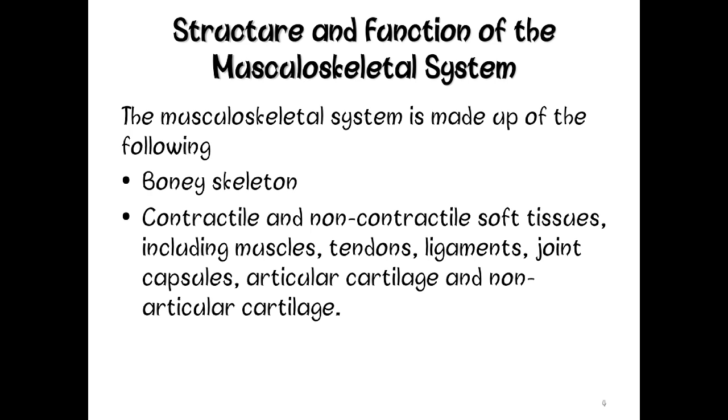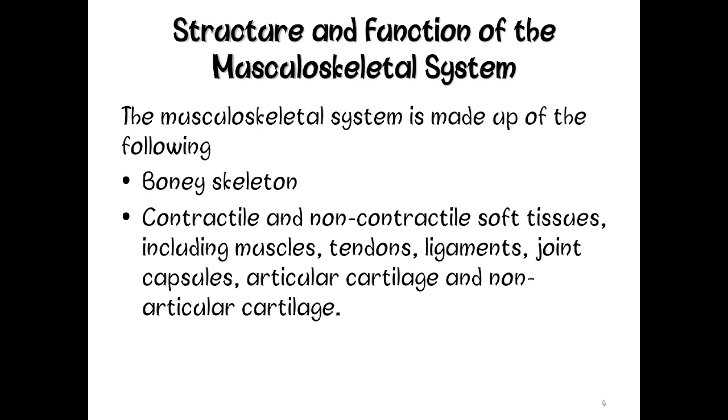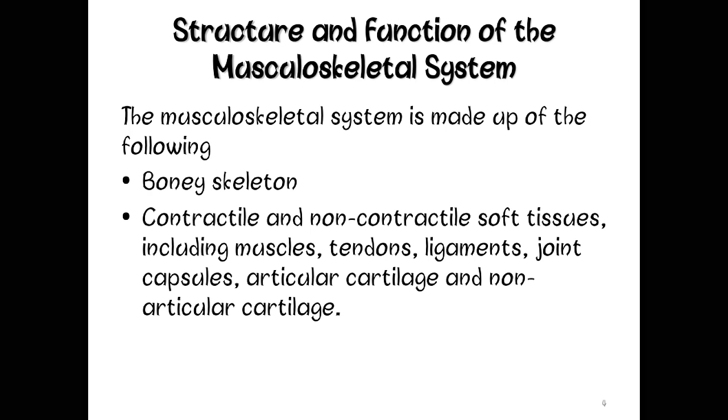Now let's talk about the structure of muscles. So as you know, muscle tissue is made up of many specialized elongated cells which are known as muscle fibers. And these muscle fibers are bundled together in order to form a fascicle. All of these structures are covered by connective tissue coverings.